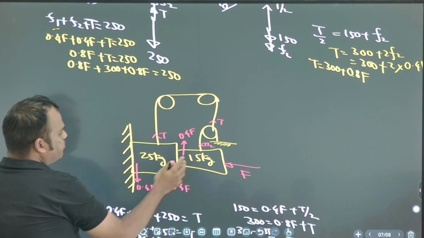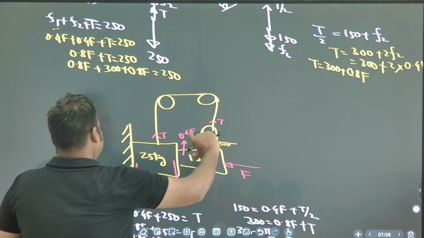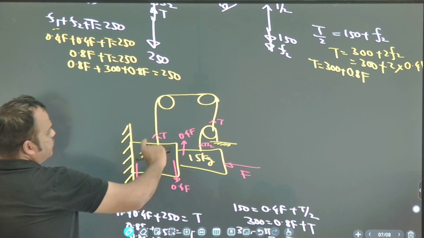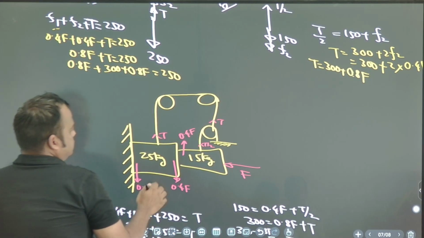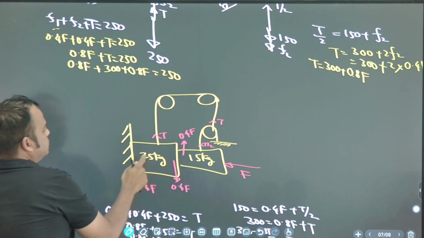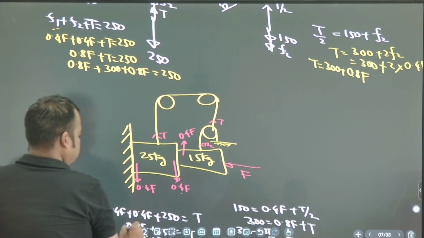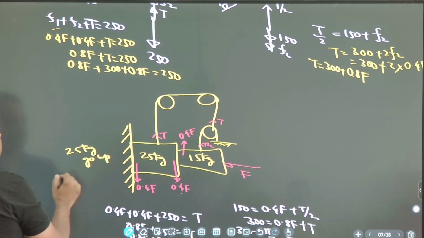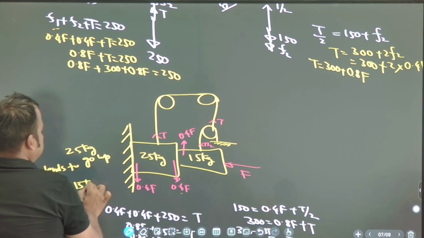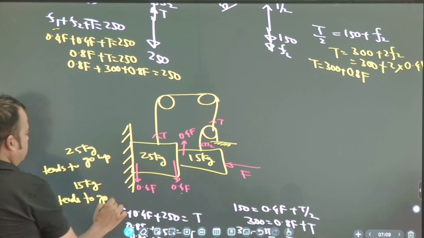In this case, which is going up? 25 kg is going up. This is going down. So friction on 15 kg will be up and 25 kg will be down, and wall will exert downward friction. 25 kg tends to go up, 15 kg tends to go down.